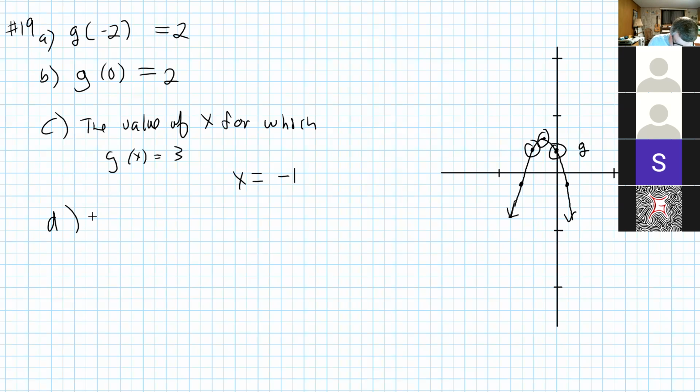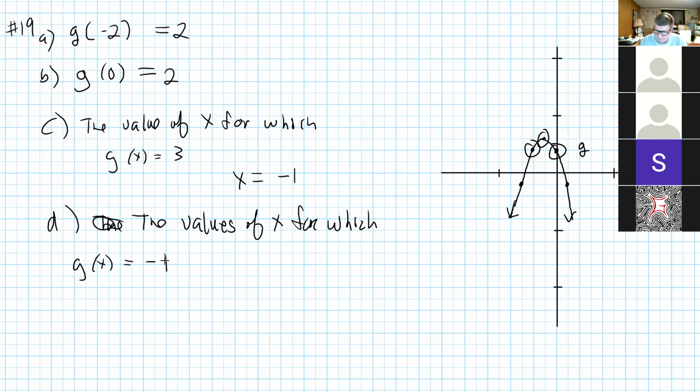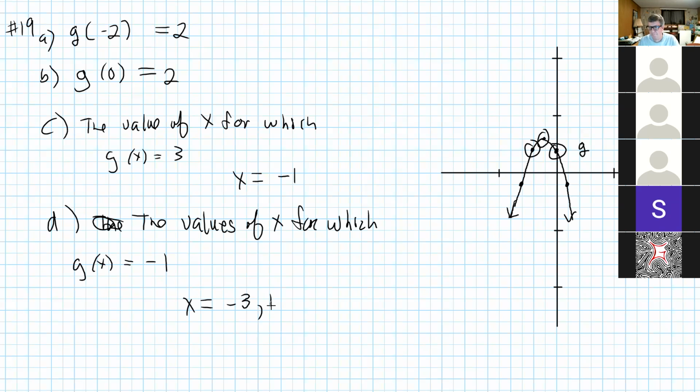Part D, the values of x for which g of x equals -1. -3 and +1. Good.